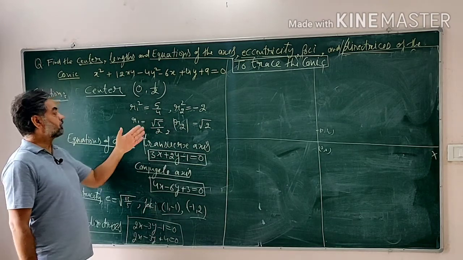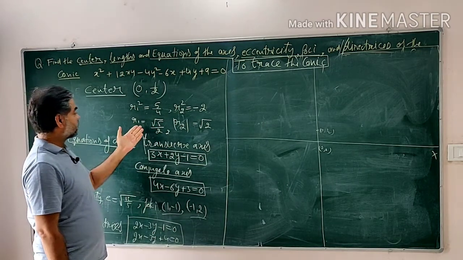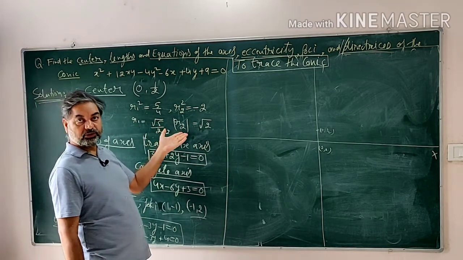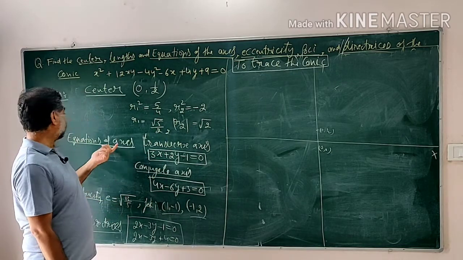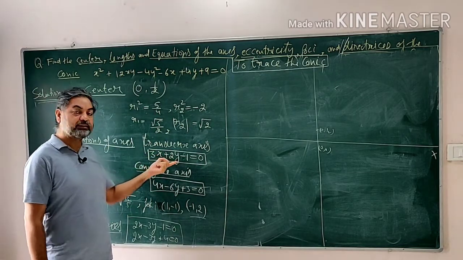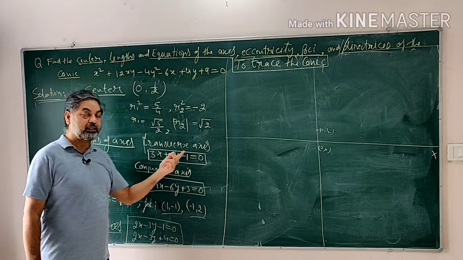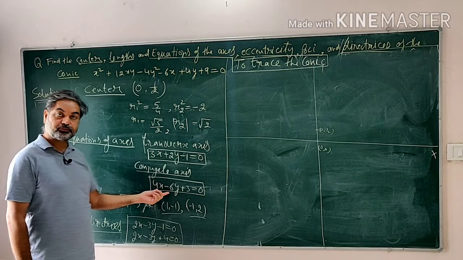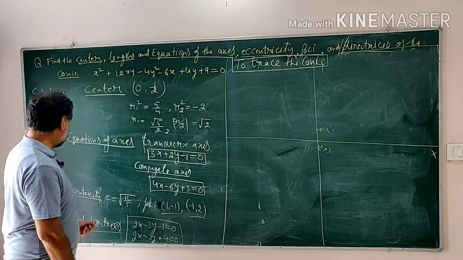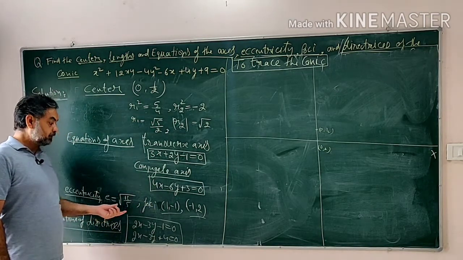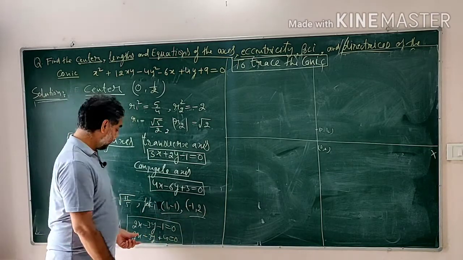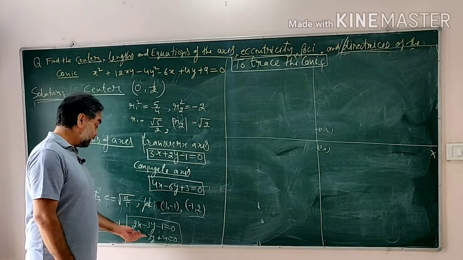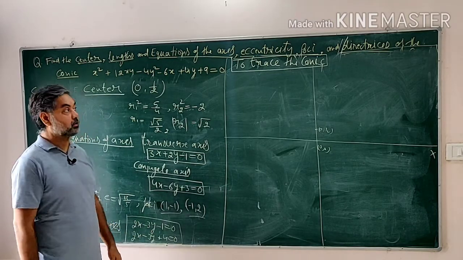We have found the length of the semi-major axis, semi-transverse axis, semi-conjugate axis. We have found the equation of the axis. The equation of the transverse axis is 3x plus 2y minus 1 equal to 0. We have the length of the conjugate axis, the eccentricity, the coordinates of the foci, and the equations of the directrices. These two equations of the directrices.